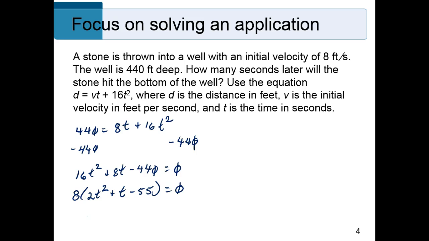A little louder? Unfoil it. That sounds like another good thing to do. Let's keep the 8, because that is a factor. Now we're going to try to unfoil the 2t squared.